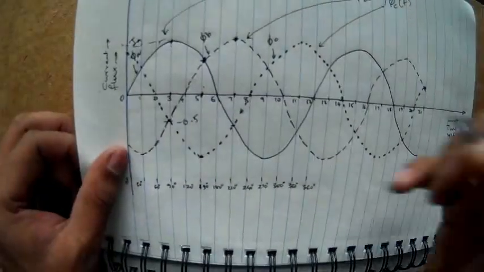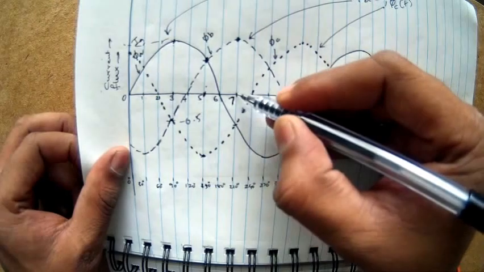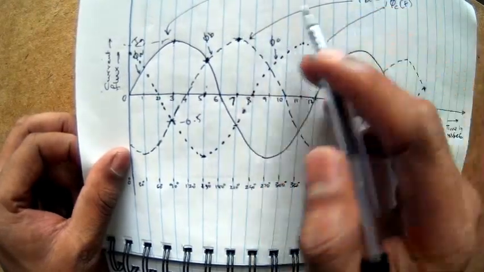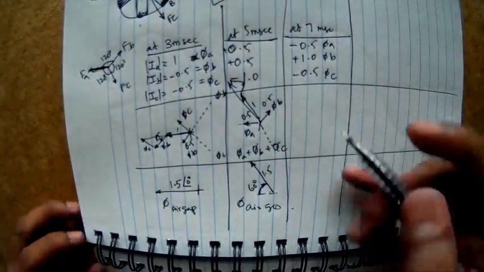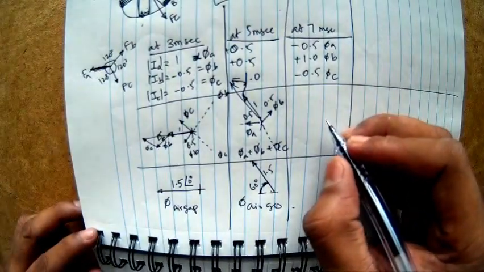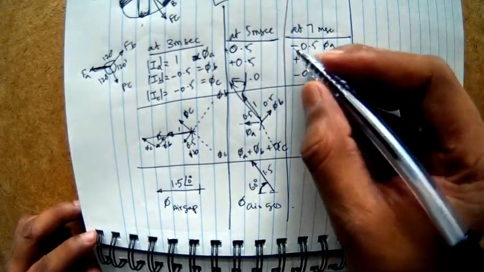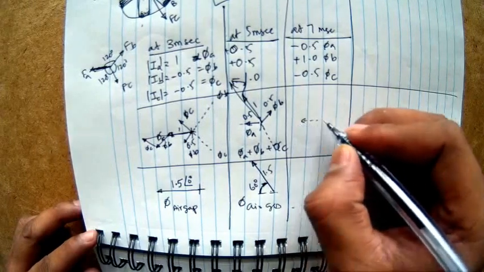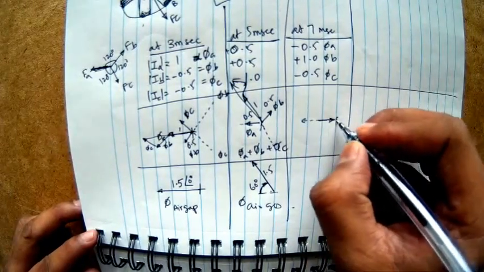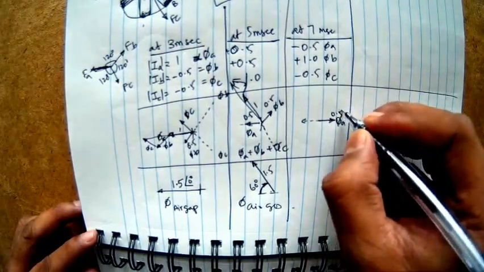So check again. At 7 milliseconds, B is maximum, whereas A and C are both negative 0.5. Now if I write it in the directions, since it is negative, this is the natural direction of A, but I'll write this side, phi A 0.5.